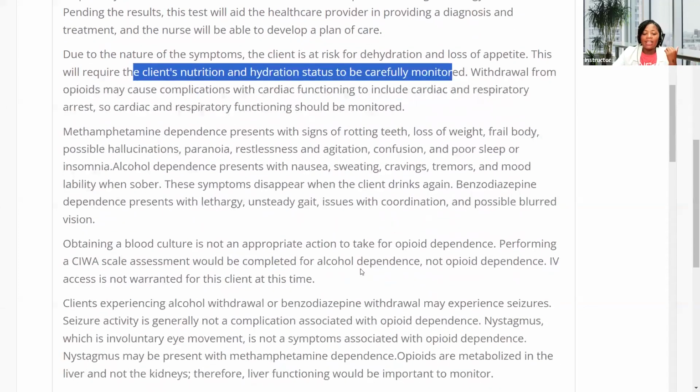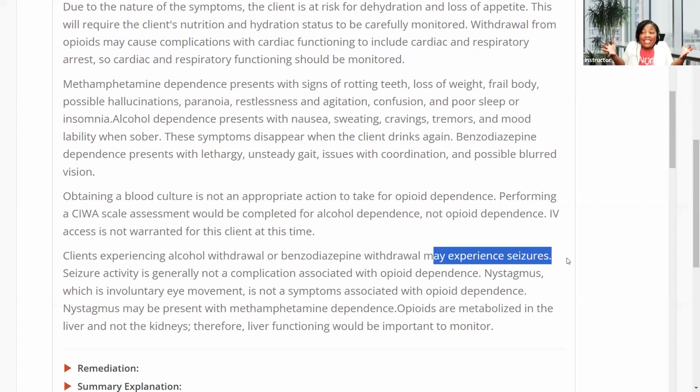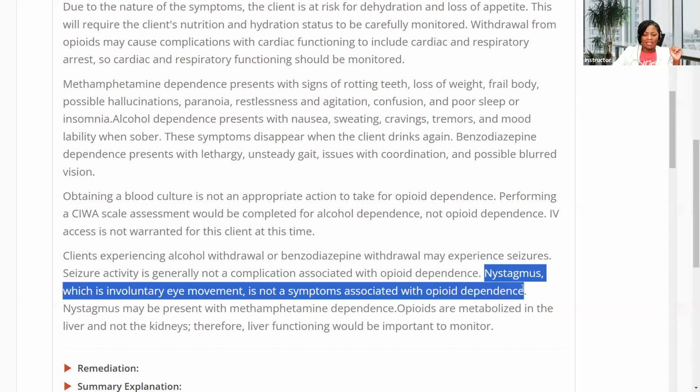Why I like these is because it will give you more context as to the other options, right? The methamphetamine. It'll talk about how if alcohol withdrawal was the issue or even benzo withdrawal, that really puts your patient more at risk for seizure activity. Seizure activity is generally not a complication associated with opioid dependency, nor is nystagmus.